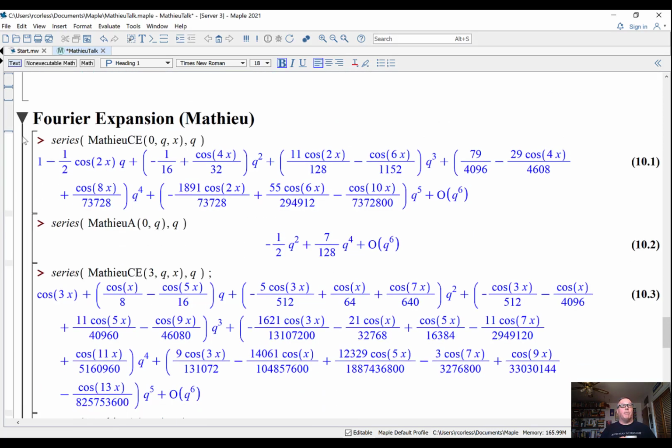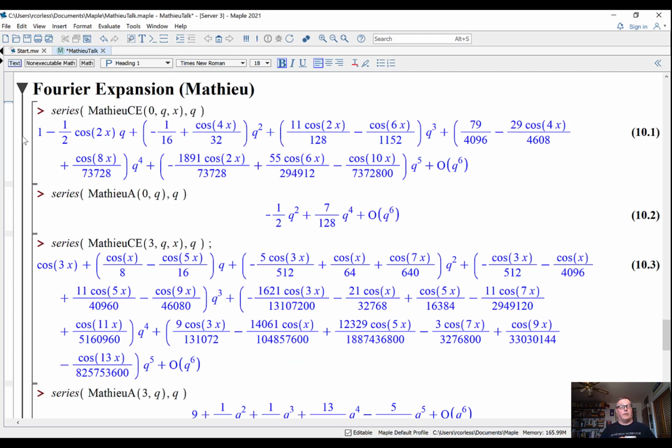One of the things that Mathieu did, and Mathieu did an enormous amount for these functions, he deserves the credit, was identify Fourier series for the periodic functions which were the solutions of the differential equations. And he identified them in the sense of computing perturbation expansions for them, valid for small q. So in Maple, you can just ask for these series.